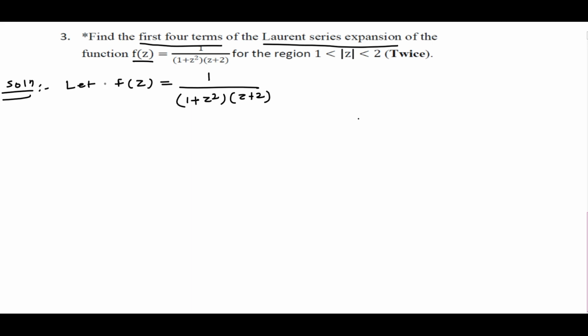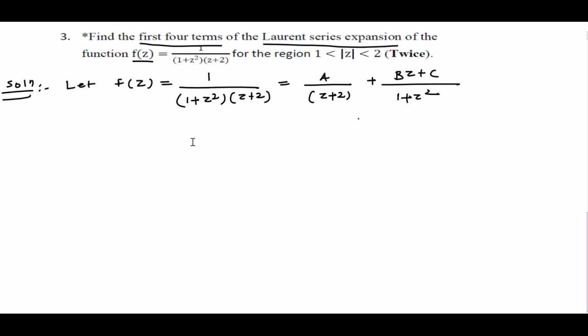So this can be written as a upon z plus 2, plus bz plus c over 1 plus z square.